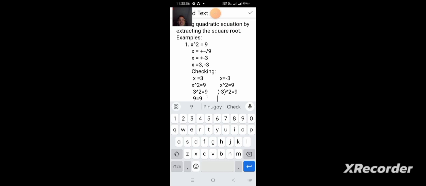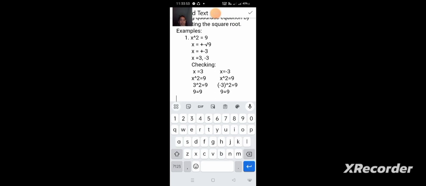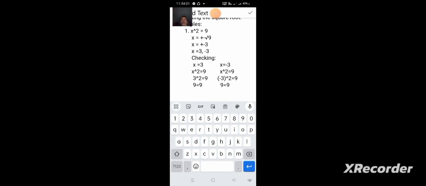And then negative 3 times negative 3 is 9. So 9 equals 9. So they are equal. As you can see, the left term is simply equal to the right term. Okay? Number 2. So we're not going to check now. We're just going to find the value of the variable.